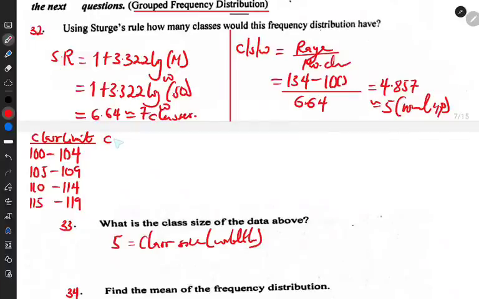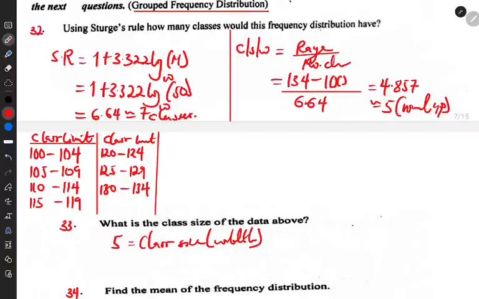We have been told that the number of classes is supposed to be 7. So we have 1, 2, 3, 4, and we are left with 3. So that means here 120 to 124, then here from 125 to 129, and lastly, 130 to 134. So that becomes our class limits or the class interval.